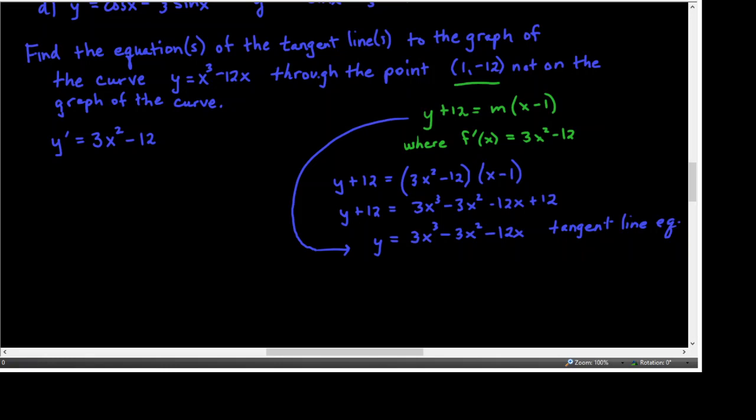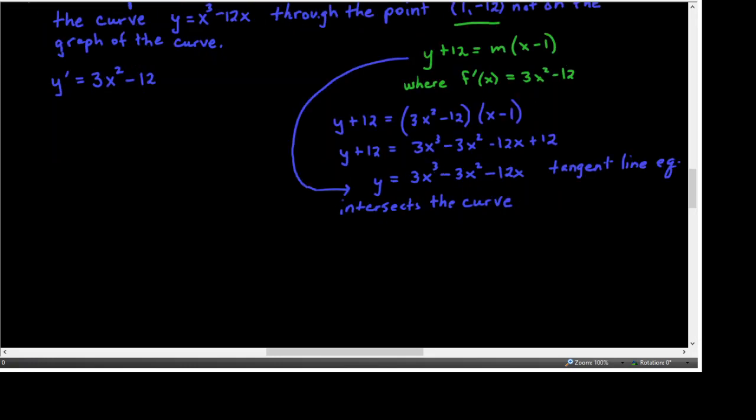Tangent line equation intersects our curve when they are at the same place, which means they would be equal to each other because their y values at that point would be the same.